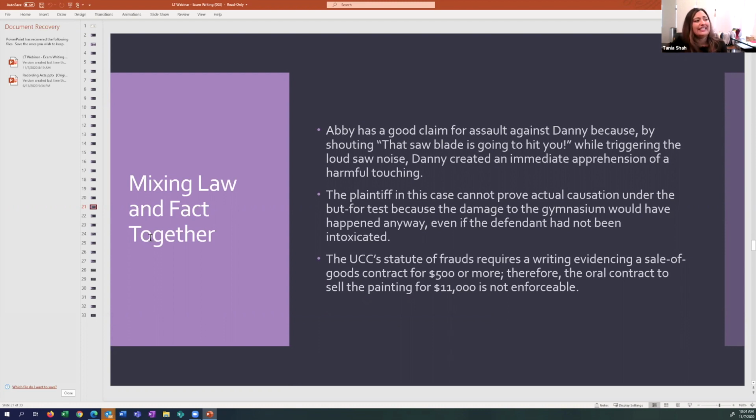The plaintiff in this case cannot prove actual causation under the but-for test because the damage to the gymnasium would have happened anyway, even if the defendant had not been intoxicated. Exactly. What you're telling the reader in that situation is, listen, I know that there's this but-for test for causation, and I know that something happened, this damage to the gymnasium.